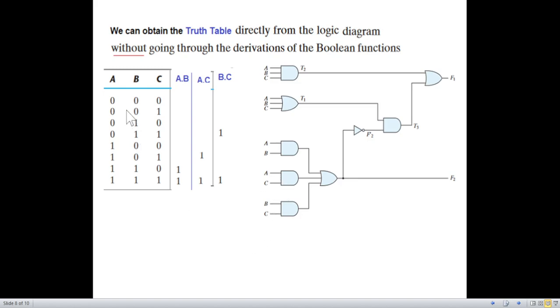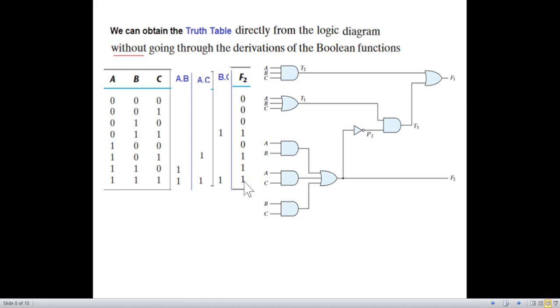Similarly, A and C, A and C. You can see it is here both 1 and here both 1. So 1 and 1, and similarly BC. And now F2 is the output of these ORed together. So in OR, wherever there is a 1, we write it, and the output is 1.